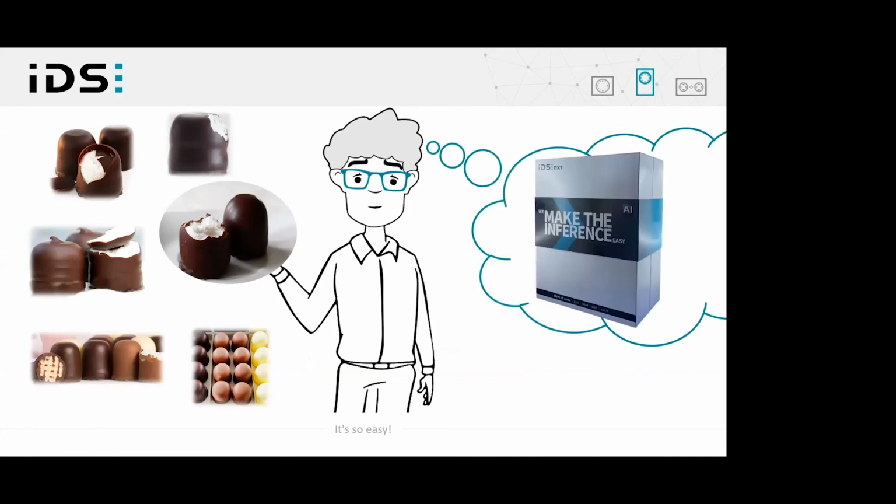Hopefully I could get the question mark away during the last session, and I could give you an insight into IDS NXT Ocean, our all-in-one solution to solve applications with deep learning without the need to understand deep learning or AI.